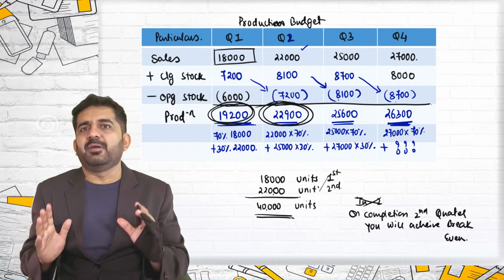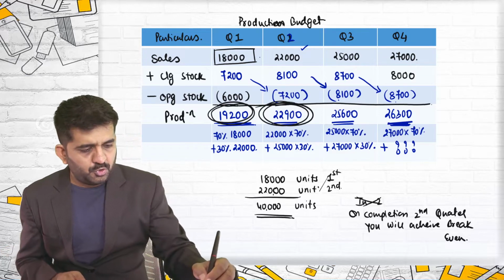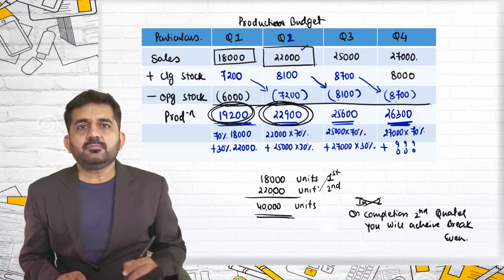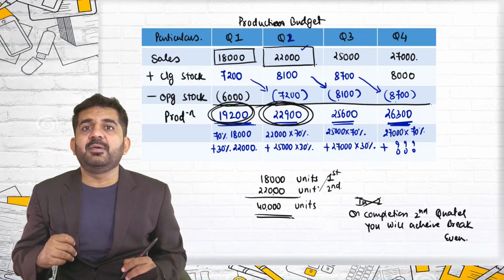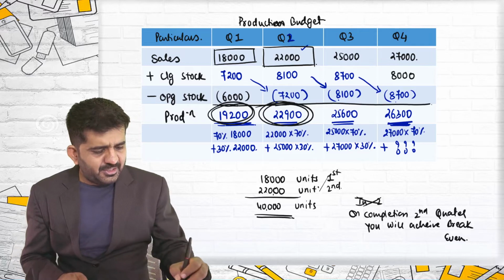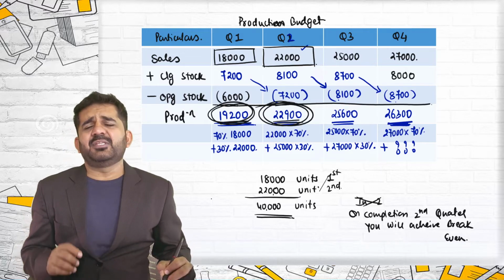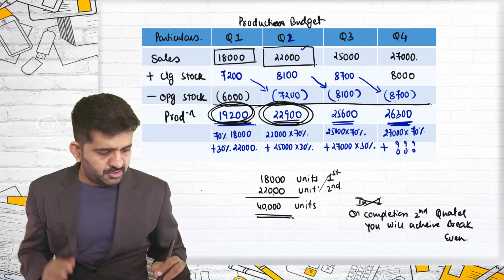So you should compare. If someone asks you in which quarter you will be manufacturing your break even quantity, which is 40,000 units, then second quarter you will be completing manufacturing of 40,000 units.